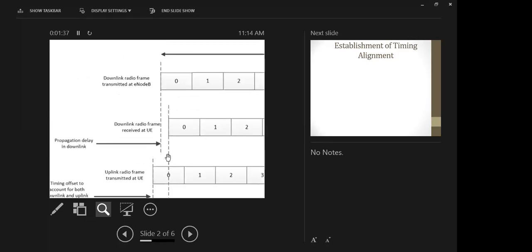So when you are at the furthest corner, in a 100-kilometer cell site, close to the border, but you have transmitted as if you were just next to the base station, the base station needs to send a command to increase it by that value of propagation delay.